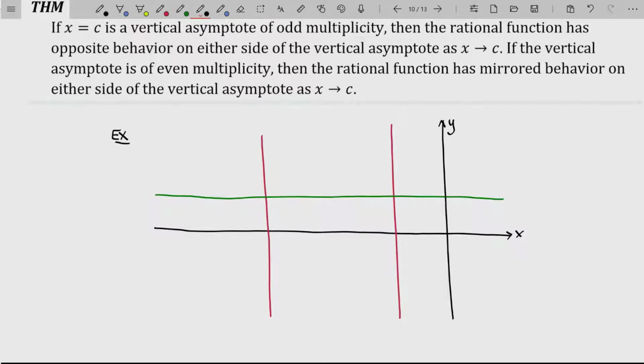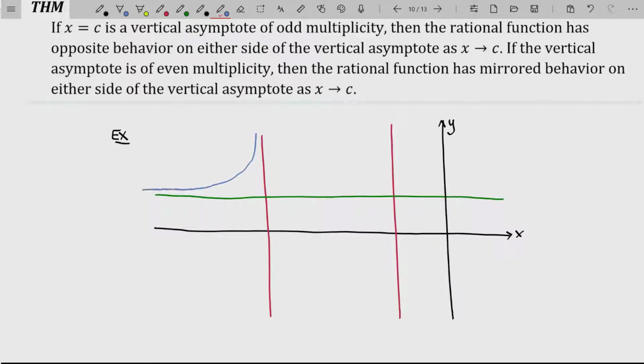So here in black are the x and y axes. And then in red, I have created some fictitious vertical asymptotes. And in green, I have a horizontal asymptote. Again, this is all just for a fictitious, made up rational function. And in blue, just to keep the color scheme going wacky, I will go ahead and draw a rational function.